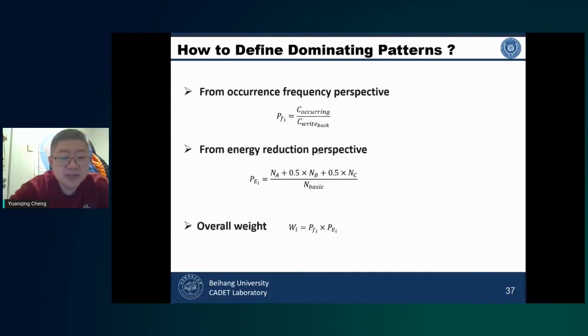So we use another metric called the energy reduction, which characterizes how much energy can be saved with this kind of pattern. By combining these 2 metrics together, we can define the weight to identify a pattern as dominating or not.